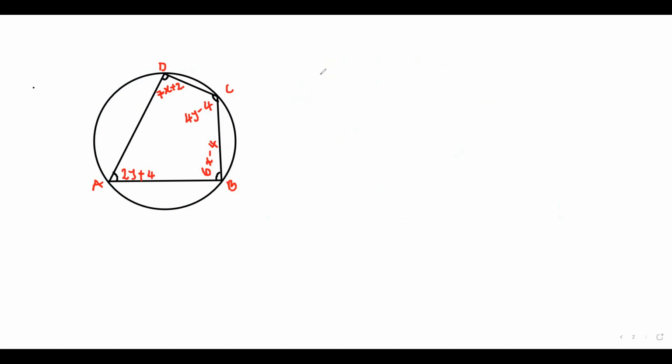All right, so in the second question, we have the opposite angles here, 2y plus 4. So we just add the angles there with that of C. So we have 2y plus 4 plus 4y minus 4 equal to 180 degrees. Beautiful. If you notice, the letters are just the same. We have y here, y here. The other numbers do not have y.